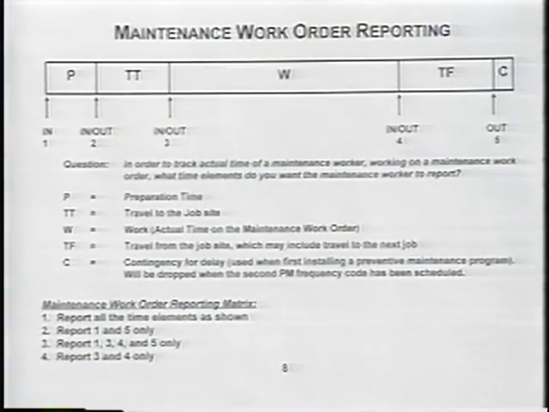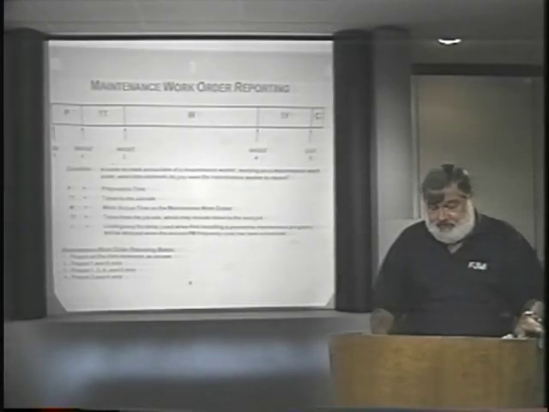We have the time elements identified. Remember, the P is prep time, travel to the job site, the work time, and the travel from the job site. In this case, I'm not going to address C because that could be fixed 5 or 10 minutes.